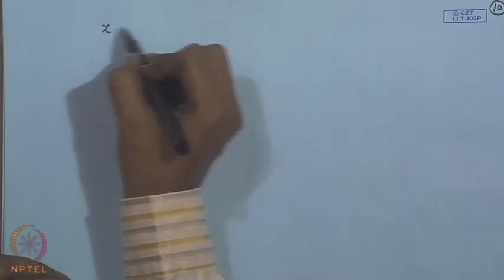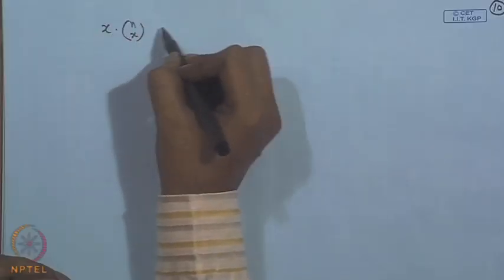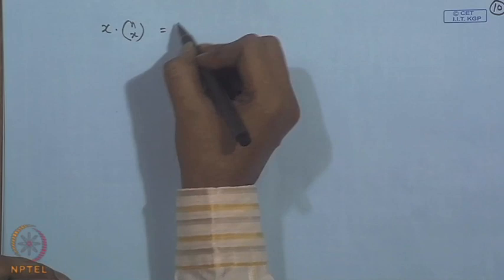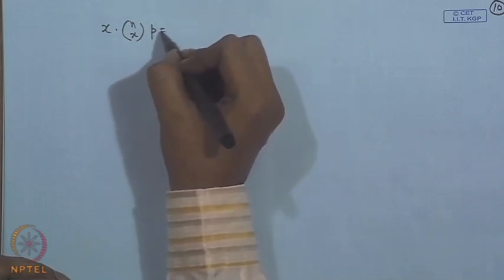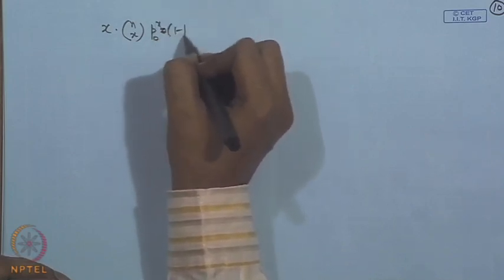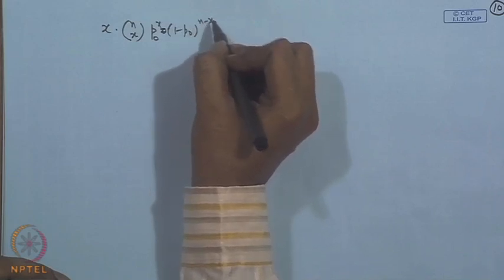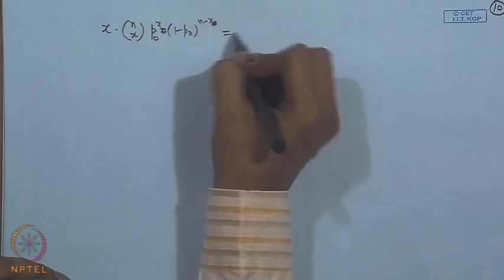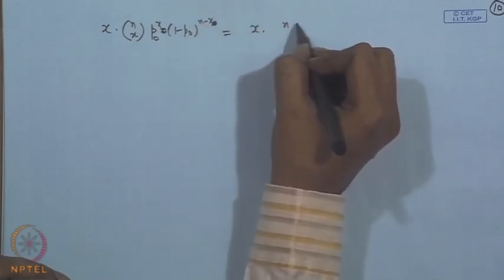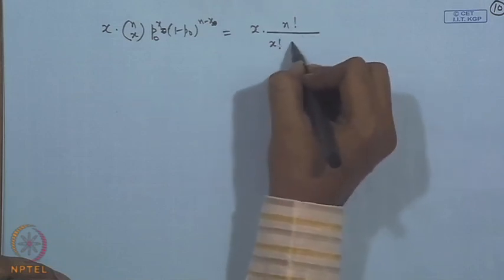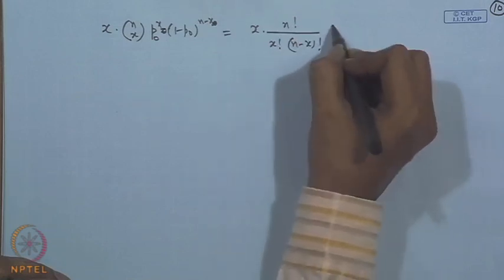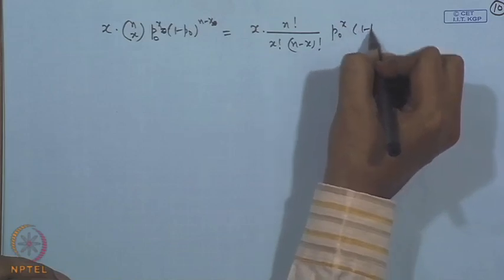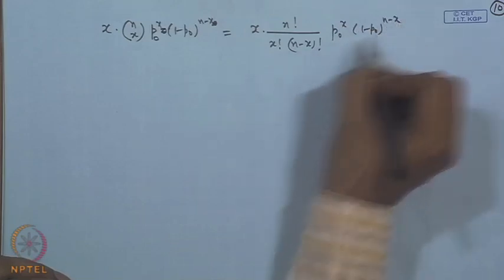See this x into nCx, that is equal to x into nCx p naught to the power x into (1 minus p naught) to the power n minus x. So, this is x into n factorial divided by x factorial into (n minus x) factorial, p naught to the power x into (1 minus p naught) to the power n minus x.